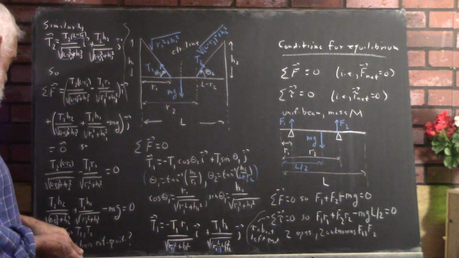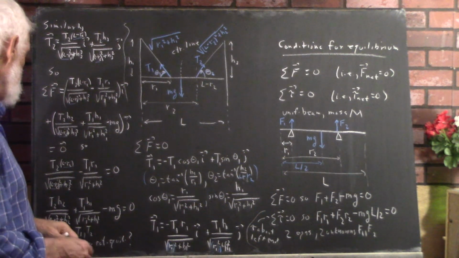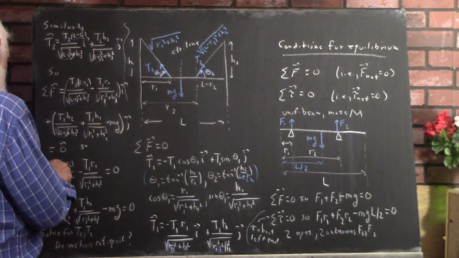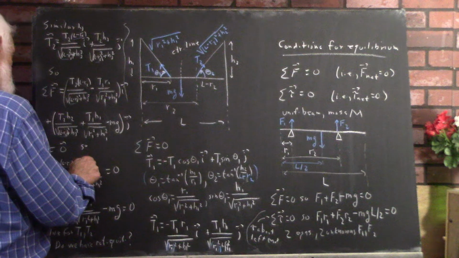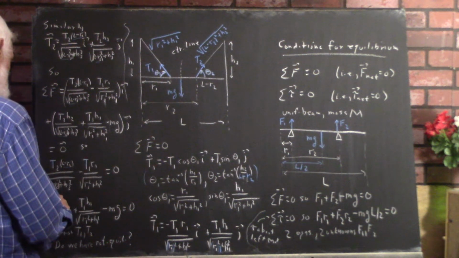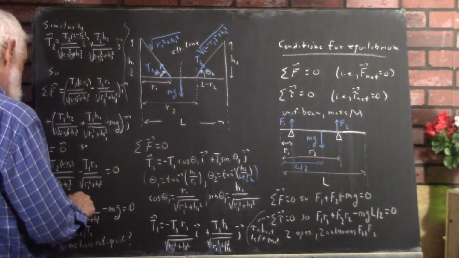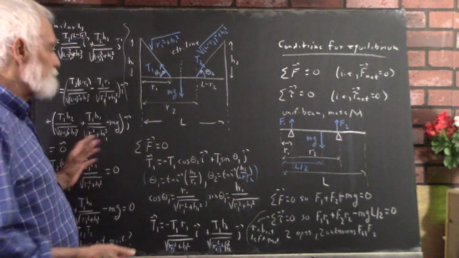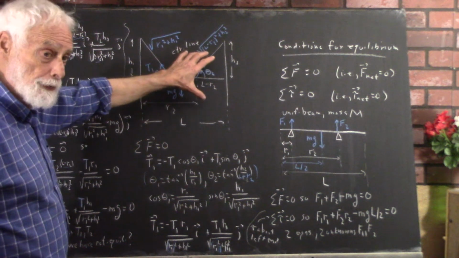And that's going to be great. However, that solution will not generally exhibit rotational equilibrium. And we didn't get to the rotational equilibrium on this one. That's kind of interesting. Okay, well, that's how you would set up at least the forces on this.